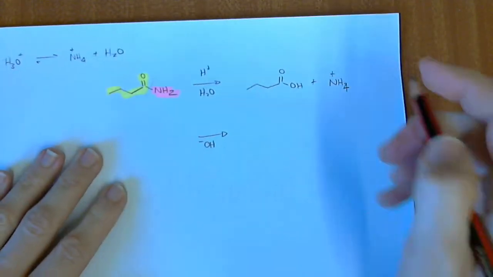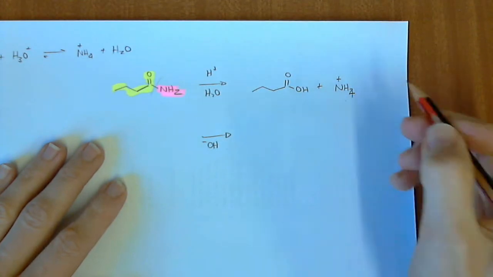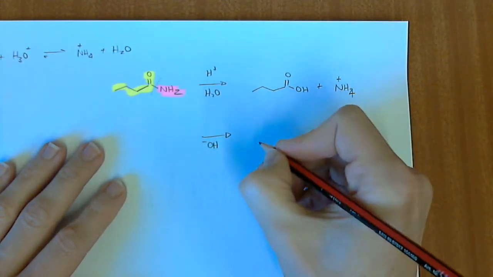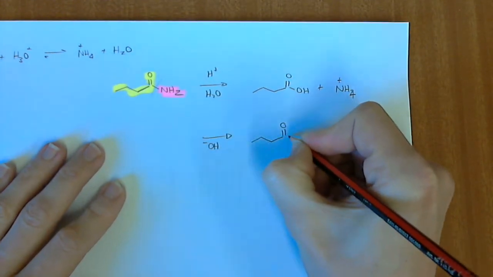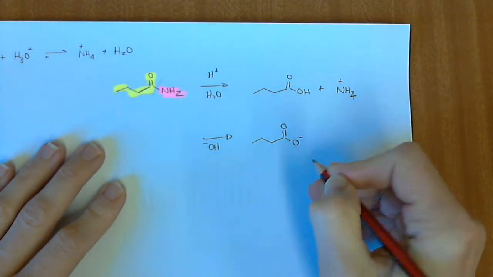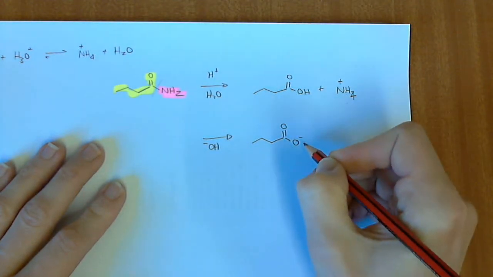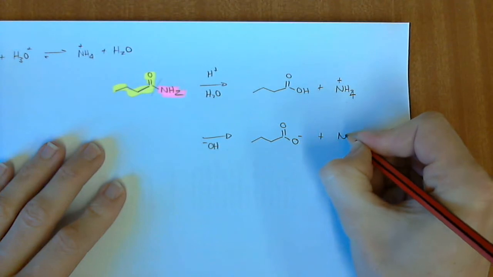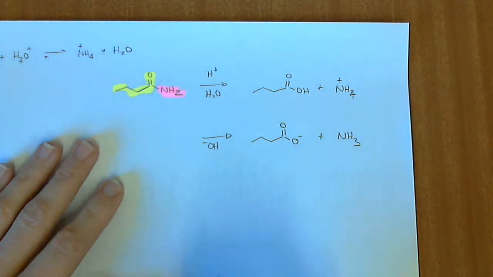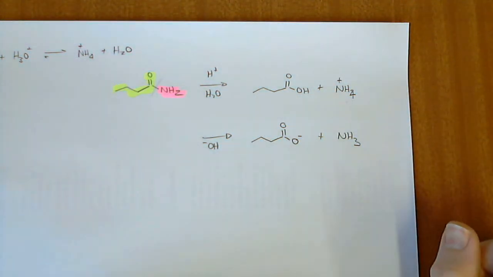So that's why we end up with an NH4 plus over there. Under basic conditions, very similar to that ester hydrolysis, we end up with an O minus. It's a carboxylate, not the carboxylic acid, and we end up with NH3, ammonia, which is the stable intermediate.